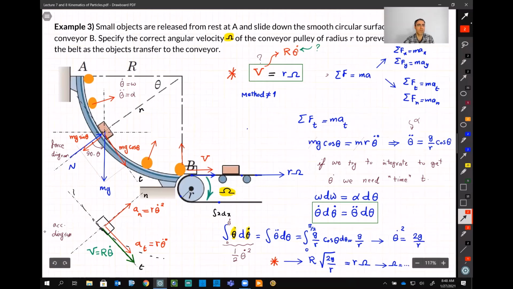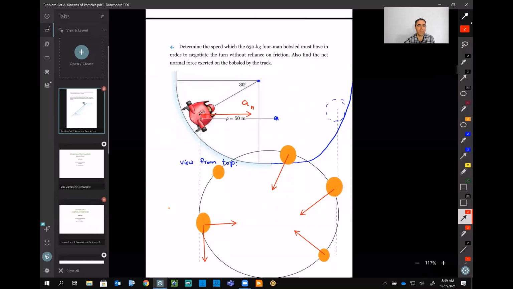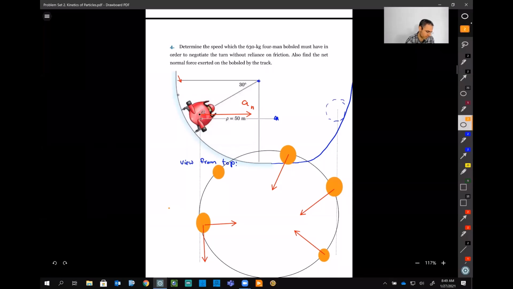This one is something we leave at point A and let it slide down, right? But in the other question, if this machine doesn't move and we leave it here, of course it's just going to slide down. It's not going to stay there.